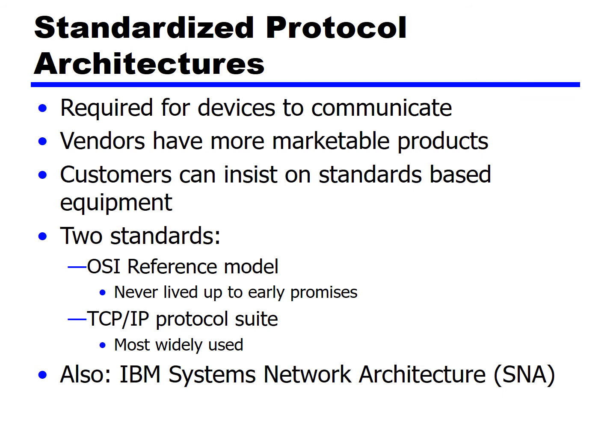Two standards: the OSI reference model, which never lived up to early promises, and the TCP/IP protocol, most widely used. Also IBM System Network Architecture, SNA, the abbreviation of System Network Architecture.